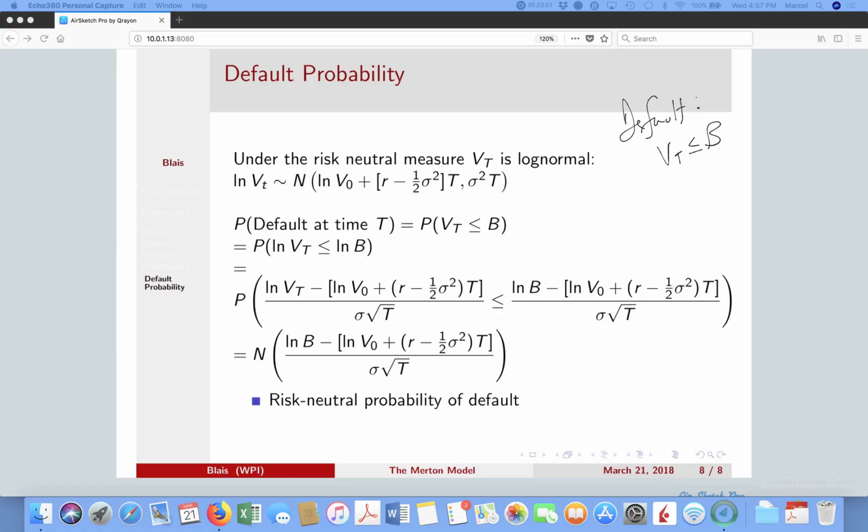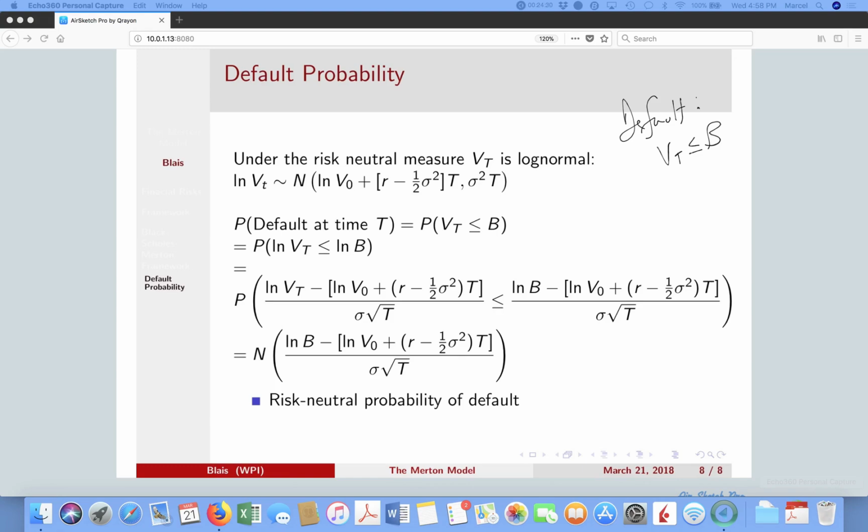And then we can actually plug in what we usually call a z-score. So this natural log of Vt, we know its distribution. We know it's normal. Here's the mean. So we take natural log of Vt, we subtract that mean, and this is the variance, sigma squared T, so we divide by the standard deviation. So we do a z-score here, and then we make the same change to natural log of B. So we subtract that mean, and we divide by the standard deviation.